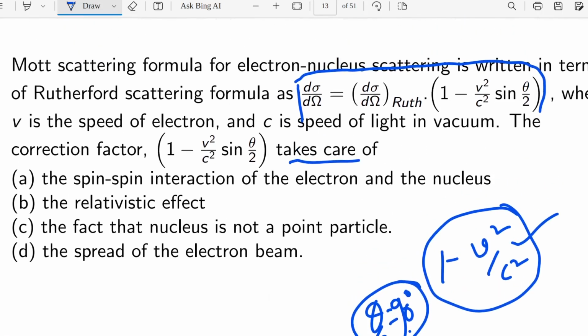So you can see here the spin-spin interaction will not be the correct one, the relativistic effect will be the correct one, and obviously C and D will not be correct. So the correct answer will be B, because 1 minus v square by c square is nothing but the relativistic correction of the electron as a relativistic particle.